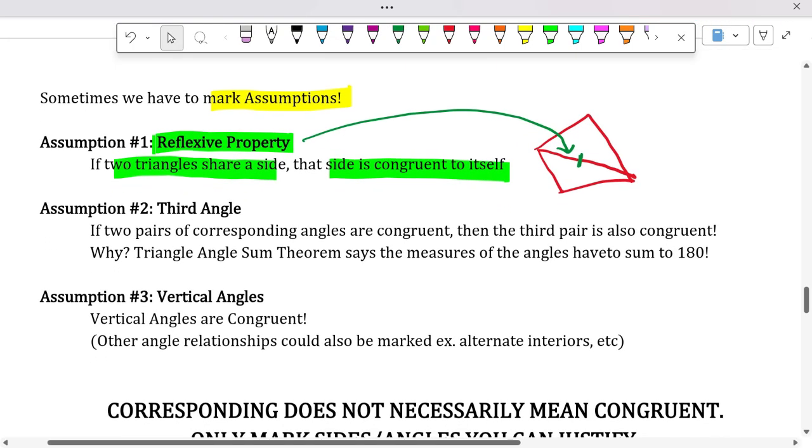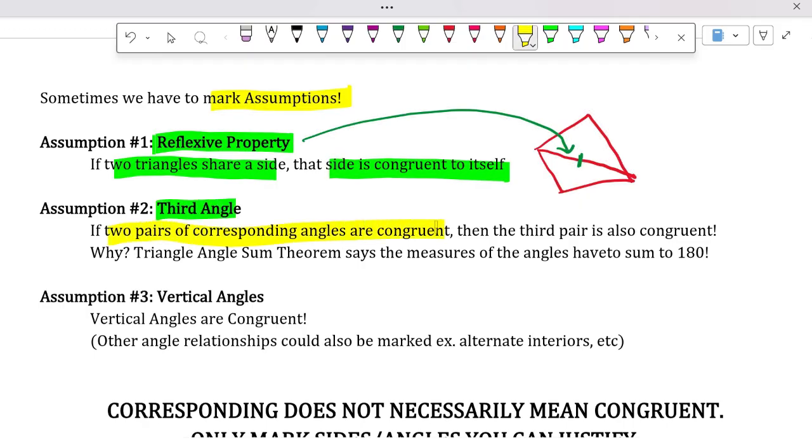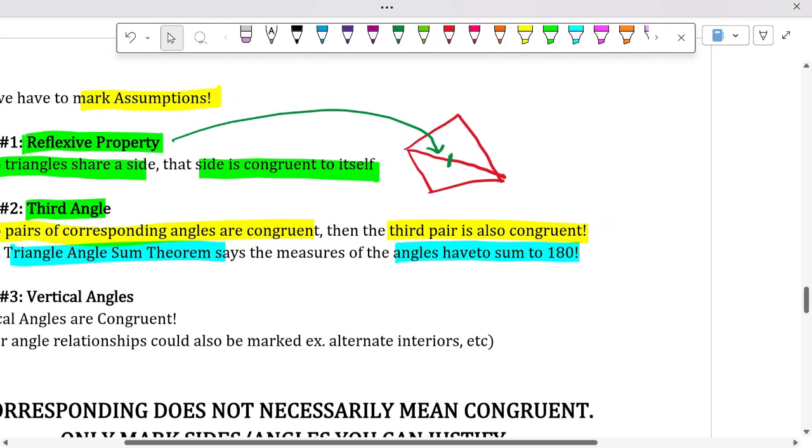Now, we also have the third angle theorem, which we also talked about last week. So that is when two pairs of corresponding angles are congruent, then the third pair has to also be congruent. All right, and why is that? Because of triangle sum theorem. Because they have to add to 180.